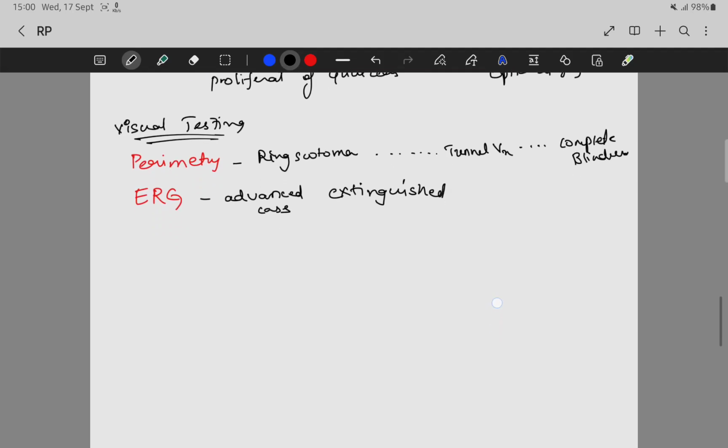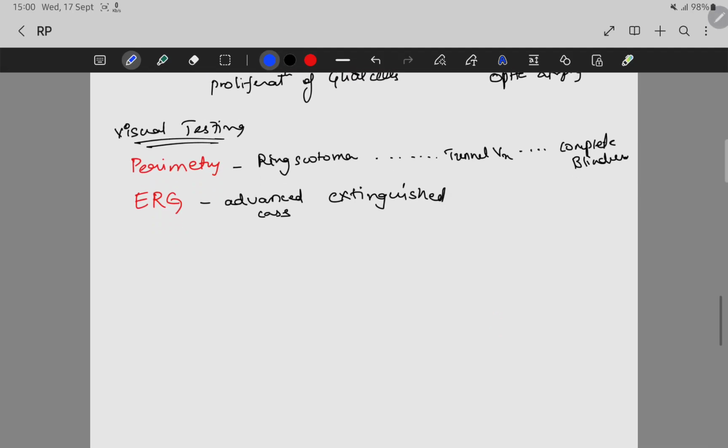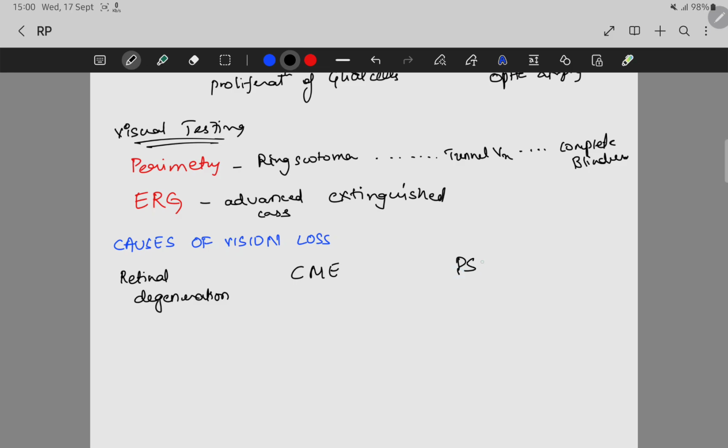Now coming to the causes of visual loss. The causes of vision loss in this are retinal degeneration, cystoid macular edema, and posterior subcapsular cataract.